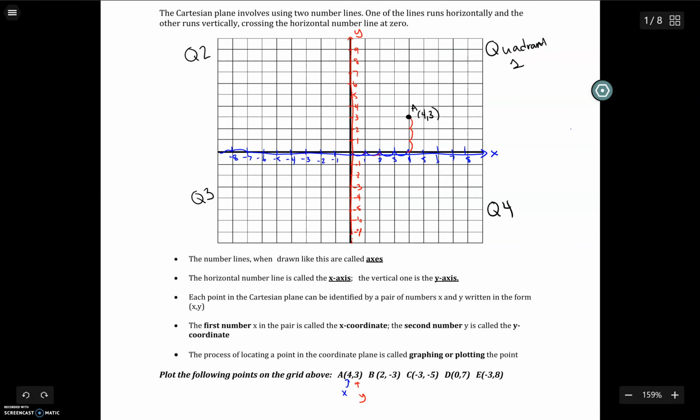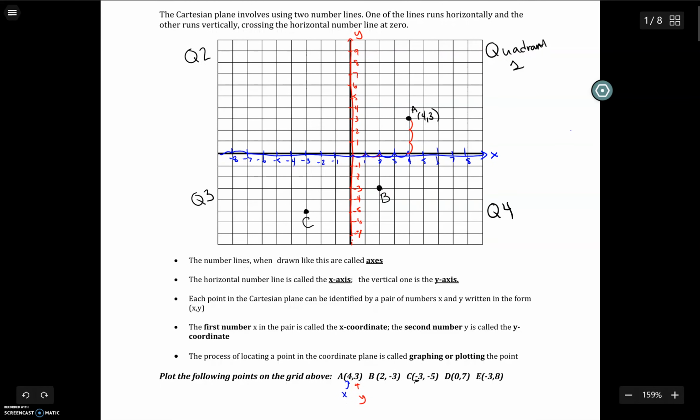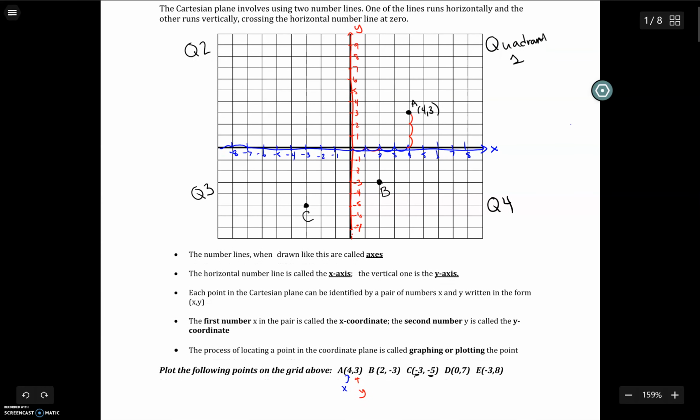If I want to locate the point B, it has an x value of positive 2 and a y value of negative 3. It would be located in quadrant 4 as shown. Point C would be in quadrant 3, with an x value of negative 3 and a y value of negative 5. Point D has an x value of 0 and a y value of 7.